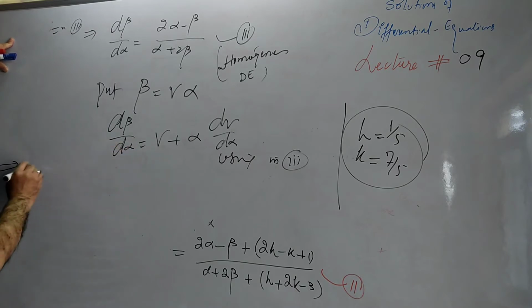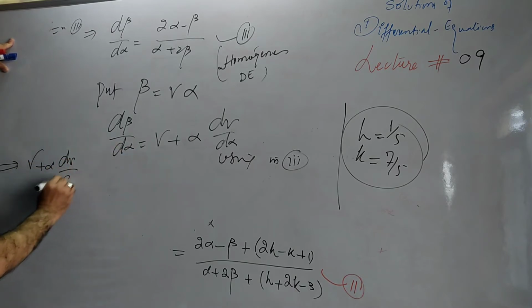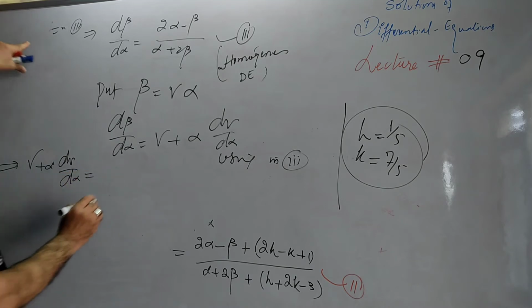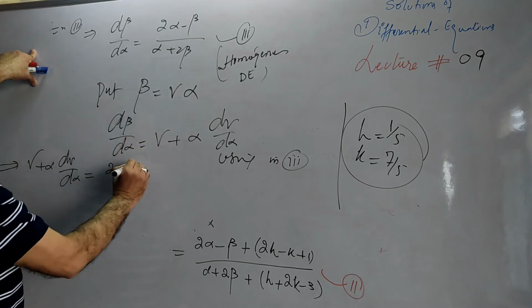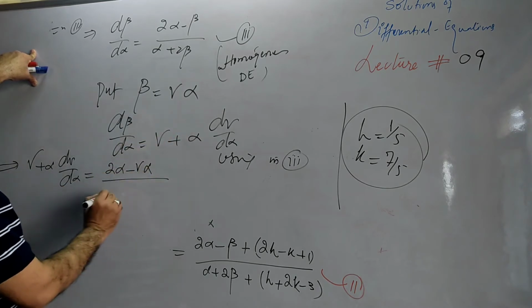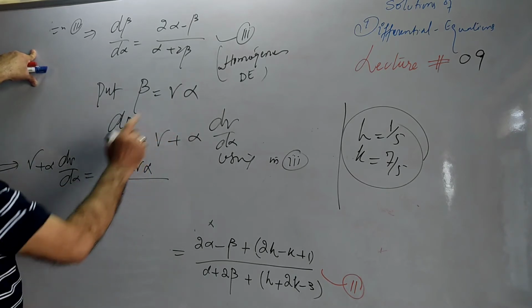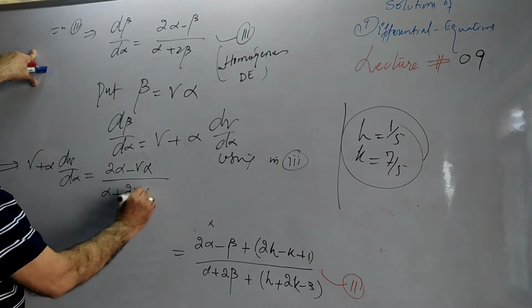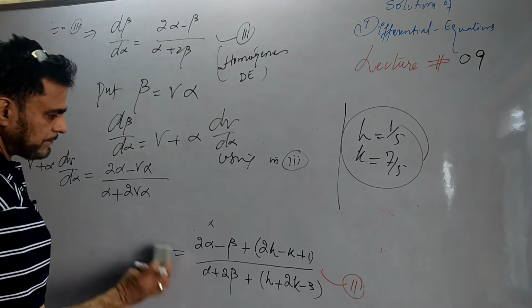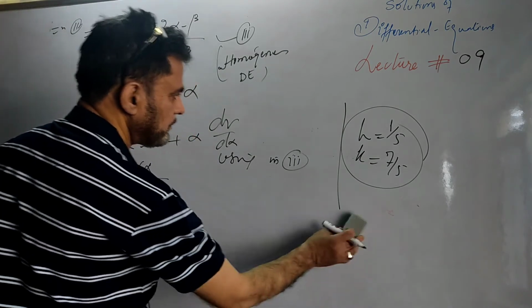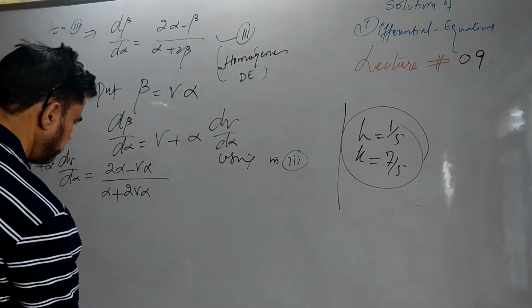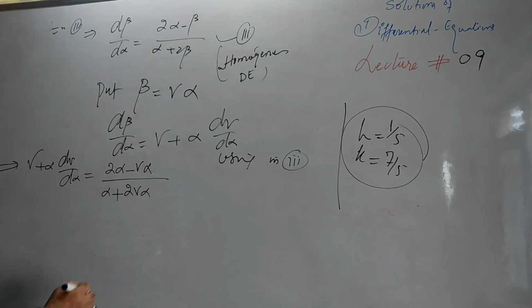This implies V plus alpha dV by d alpha is 2 alpha minus beta, which is V alpha, by alpha plus twice V alpha. Let us simplify this now.